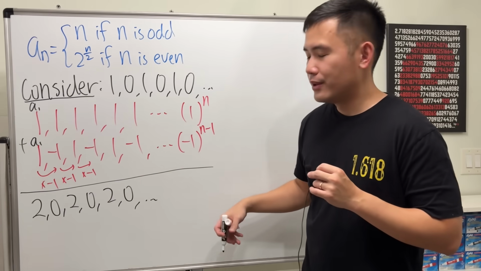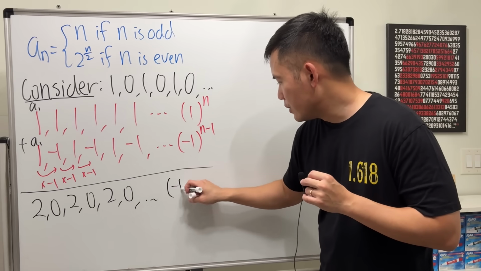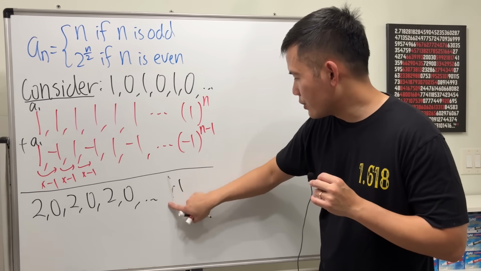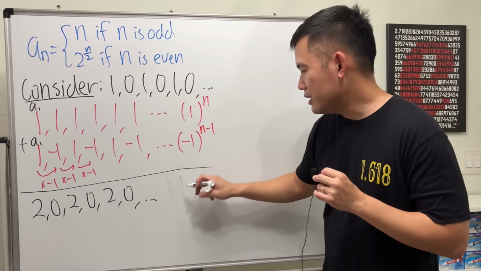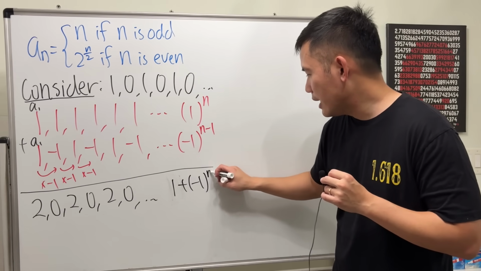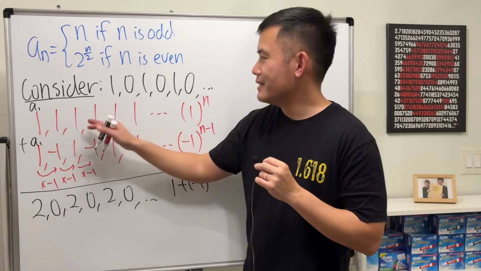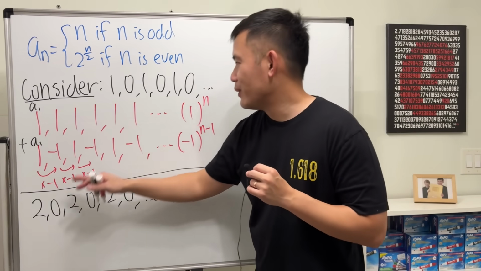Well, of course, we can just add the formulas. Let's write down 1 to the n. It's just 1. And then plus negative 1 to the n minus 1 power. But I don't want the 2. I want the 1.